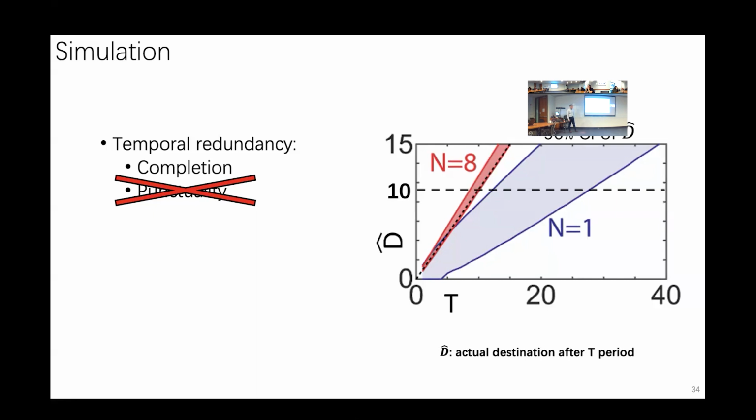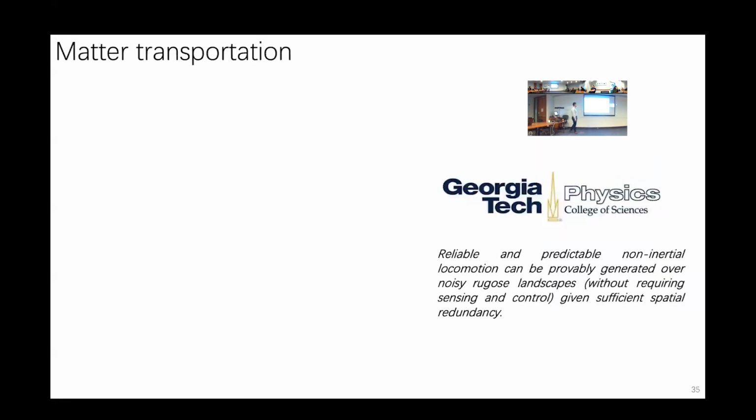This leads us to a hypothesis that with sufficient spatial redundancy, we can guarantee not only the completion of a locomotion task, but also the punctuality. And here is our formal statement: reliable and predictable non-inertial locomotion can be probably generated by noisy local terrains given sufficient spatial redundancy.